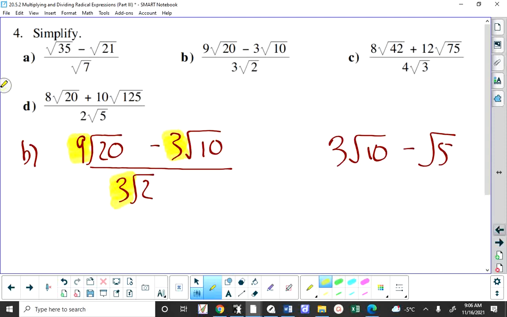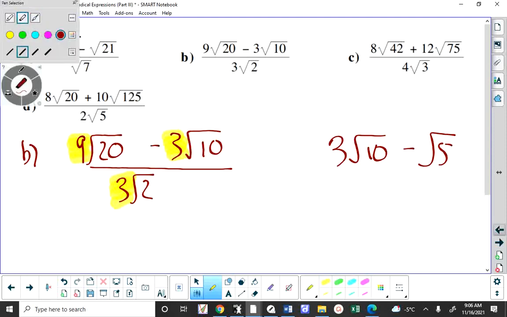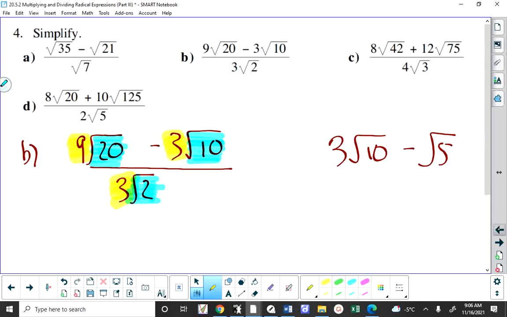You could use the same argument and say that you were allowed to divide radicals by the same thing as long as you divide every radical by that thing. So if I divide every radical by root 2, I'm going to have root 10 and root 5 on the top. If I divide every coefficient by 3, I'm going to have just 3 root 10 minus root 5. We could approach it that way.